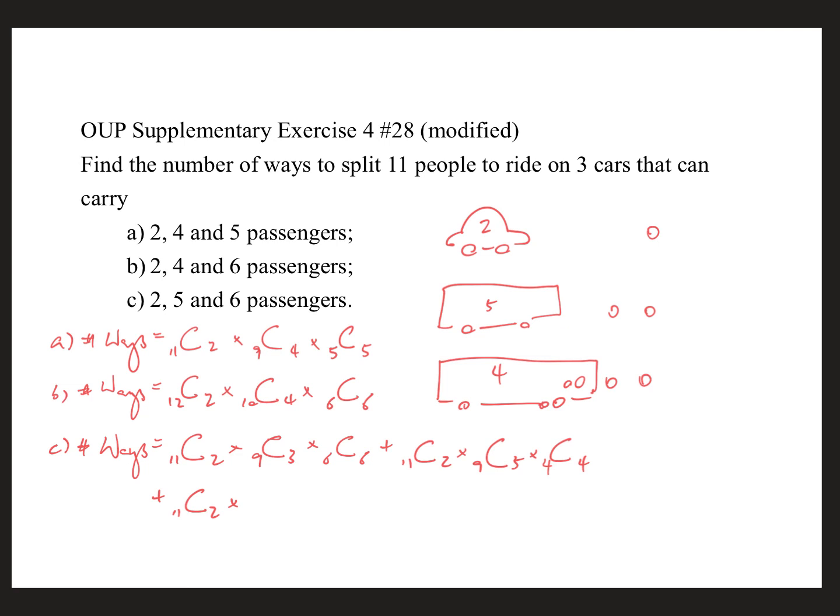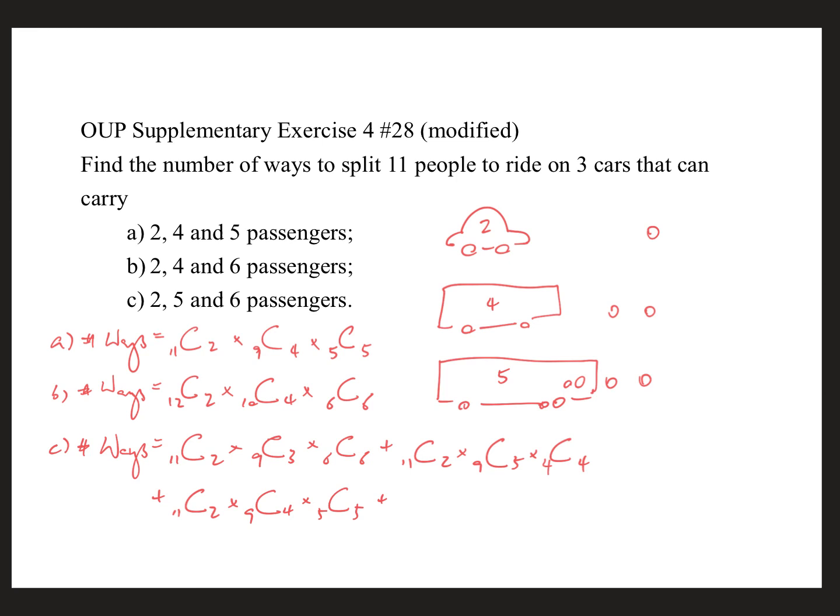Okay, I forgot, so we have to correct this number a little bit. Then you can see that we will fill 4 in the second car and 5 in the third car. So from the rest of the 9 we choose 4, and from the rest of the 5 we choose 5. Then we will have 1 empty seat in both car 2 and car 3.